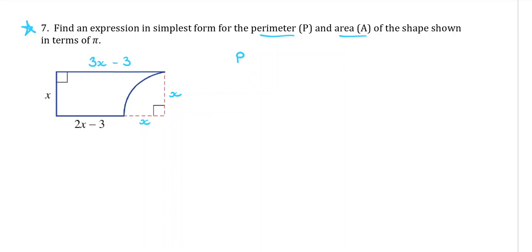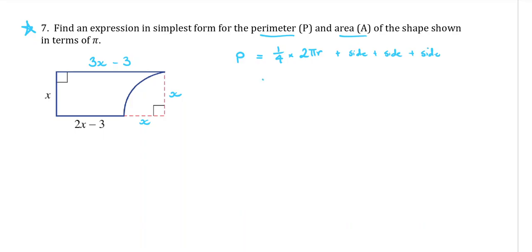So let's try and work out a formula. P for perimeter equals, if it's a quarter of a circle, then it's going to be a quarter of the circumference of a circle formula, which if I know the radius is 2 pi r. Then I'm going to add on all the other sides. So I'm going to go plus side, plus side, plus side. So they're all the sides that I'm going to add on.